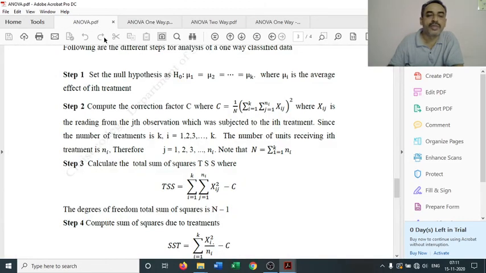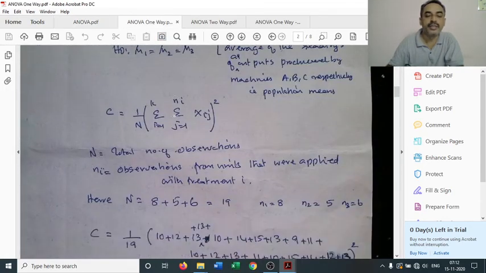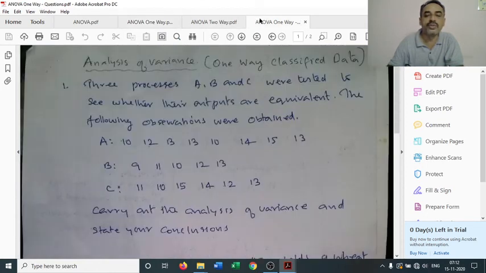The second step is to find the correction factor C, which is given by 1 by n times the sum over i equal to 1 to k, and j equal to 1 to ni, of xij, whole square. That is, the square of the sum of all values divided by the total number of observations. In the present question, n is 8 plus 5 plus 6, that is, 8 observations in the first row, 5 observations in the second row and 6 observations in the third row.